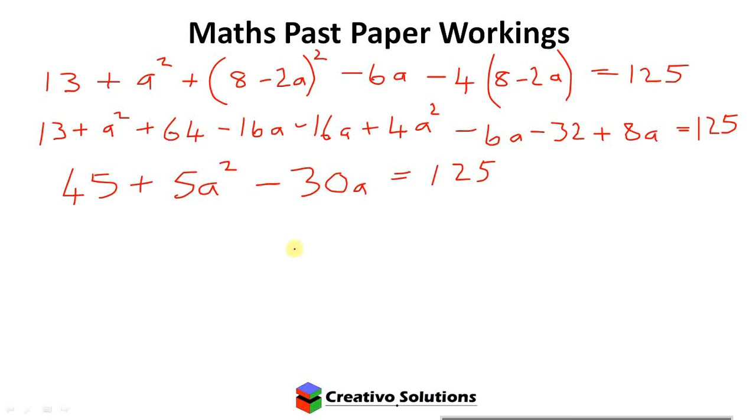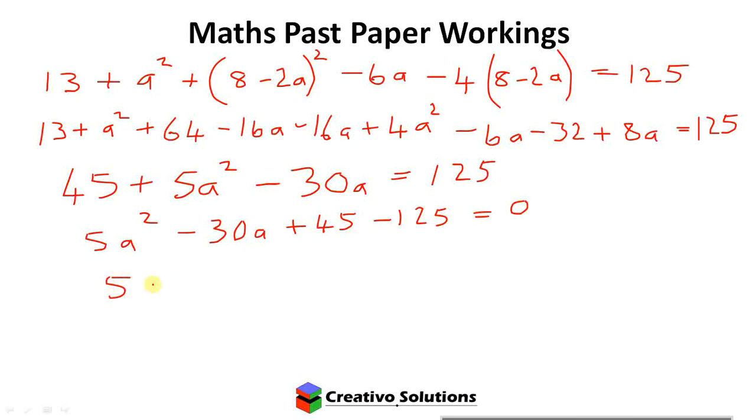Right, so there's my expression. Let's get a trinomial. 5a squared minus 30a plus 45 minus 125 is going to equal 0.